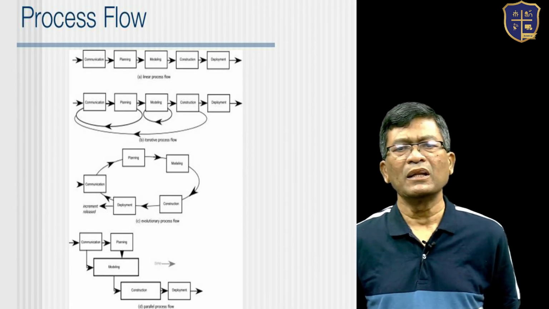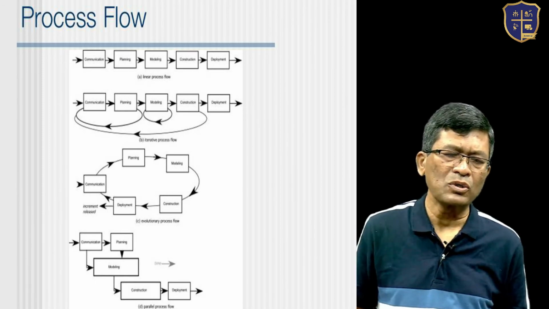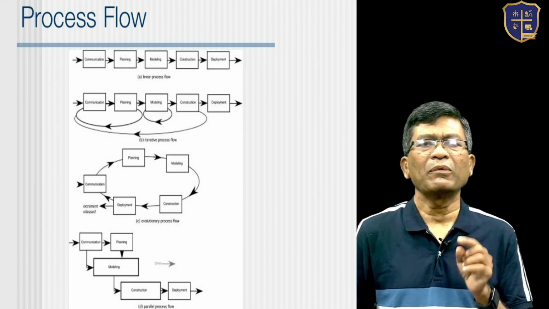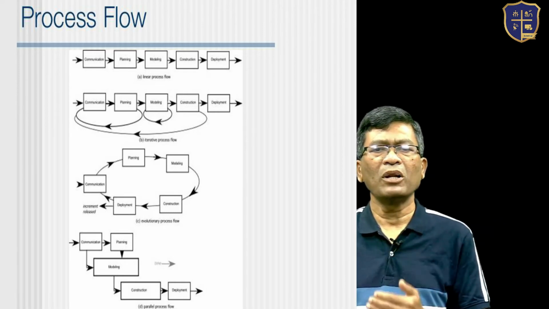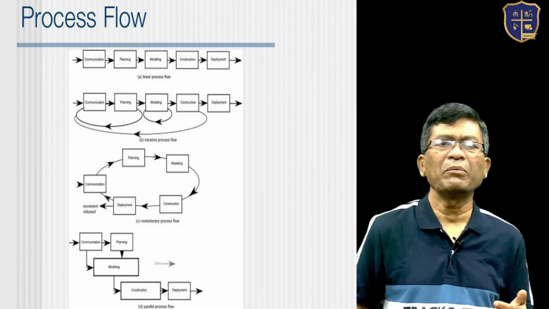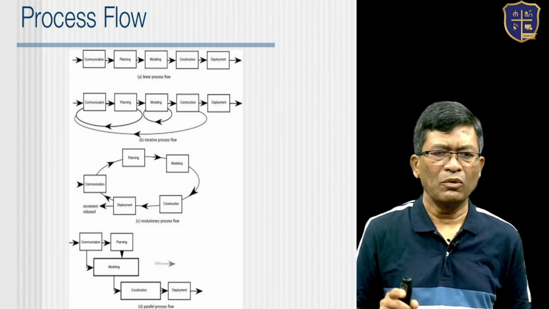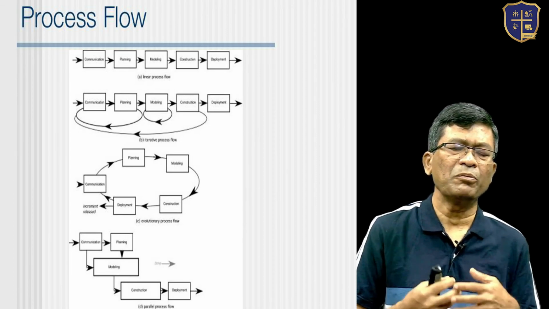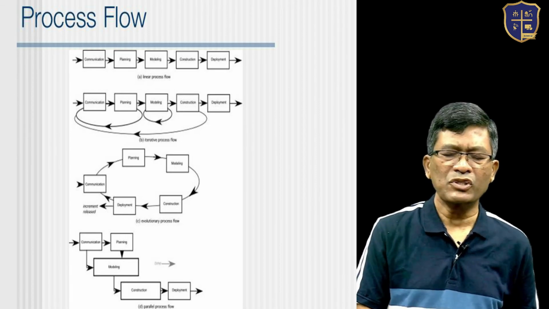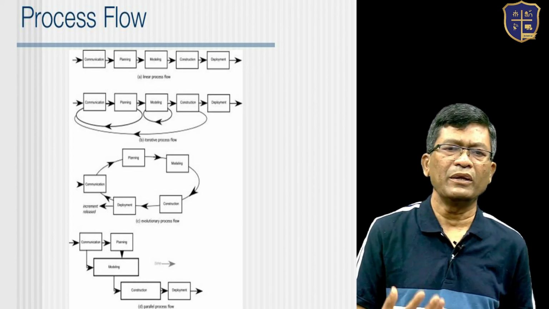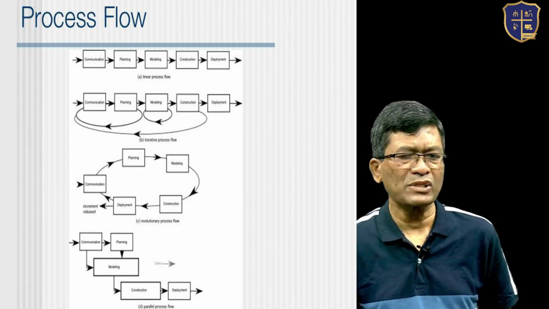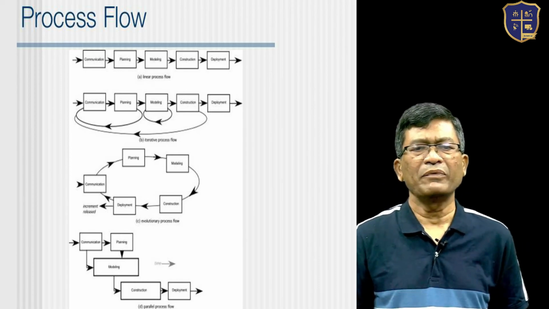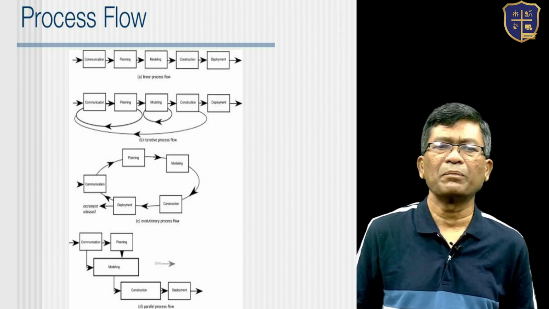And also there is another, the entire process of development, right from communication, planning, modeling, construction and deployment, will go through evolution. One by one, an increment can be done. Step by step you make the software, you have version 1, version 2, version 3. Windows has got so many versions today, right? So that is the way in which also the software is developed.